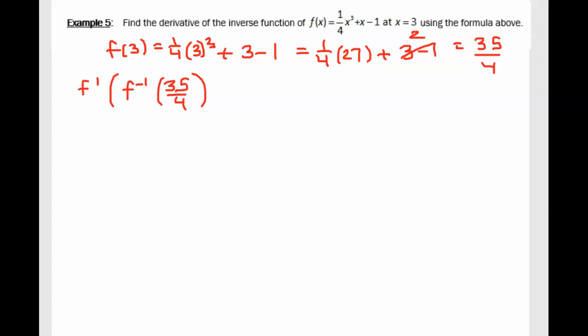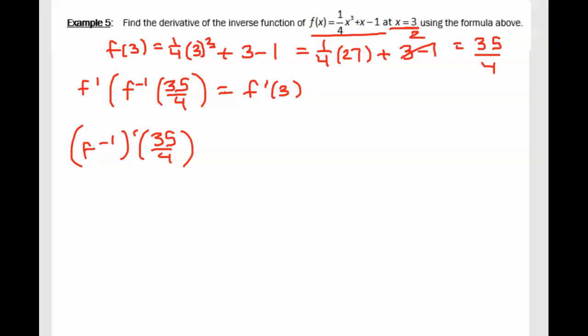The f inverse of 35 fourths ends up becoming f prime of 3, because again, we look for the inverse of the y because the inverses are flip-flopped. So really you're finding f prime at 3 for this function in order to use that formula. So f inverse prime of 35 fourths is equal to 1 over f prime of 3, which is method 1's formula.